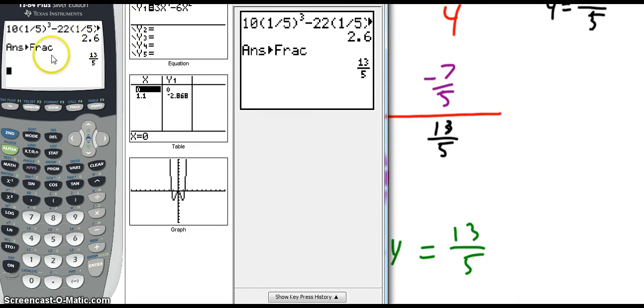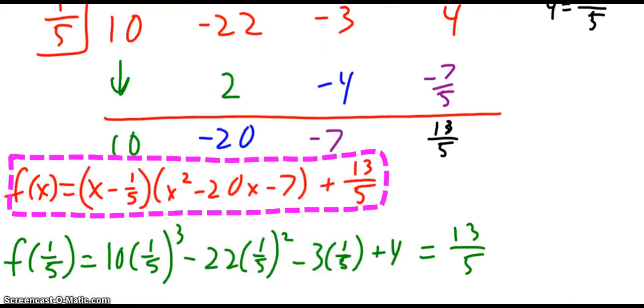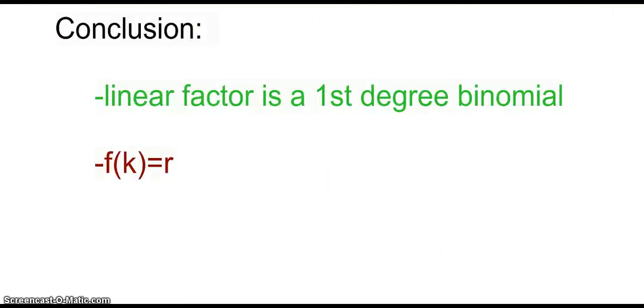Hit enter, I get 2.6, math fraction, that is 13/5. So yes, f of k does equal r. Verified. Okay, that was good practice. So a linear factor is a first degree binomial or a first degree polynomial. It does not have to be binomial, I should say. And we know f of k equals r when we do synthetic division.